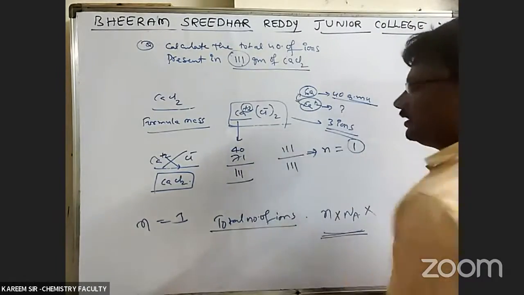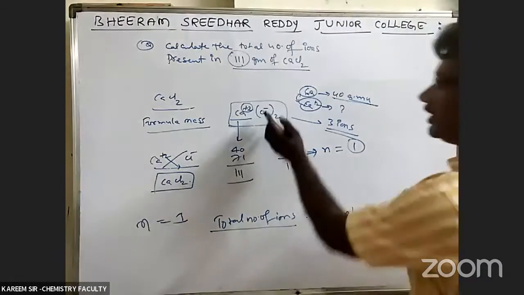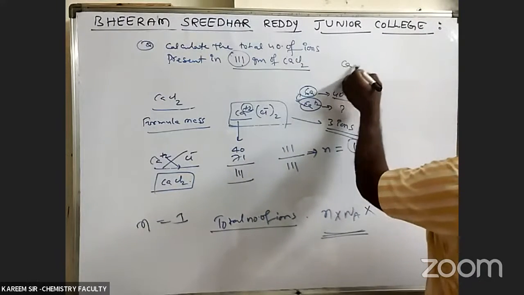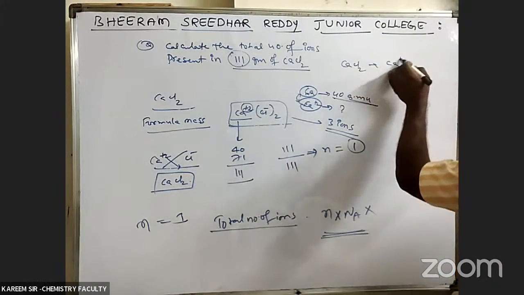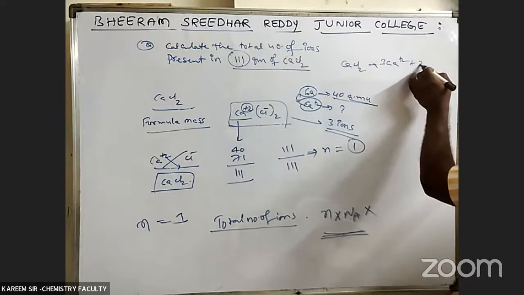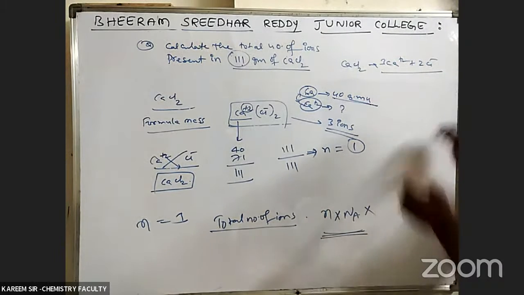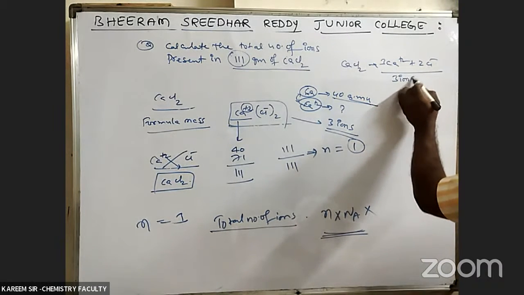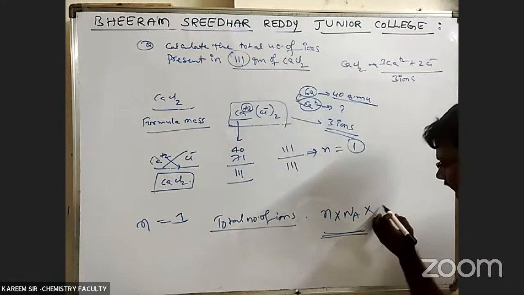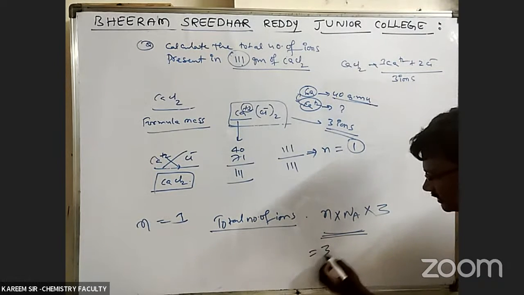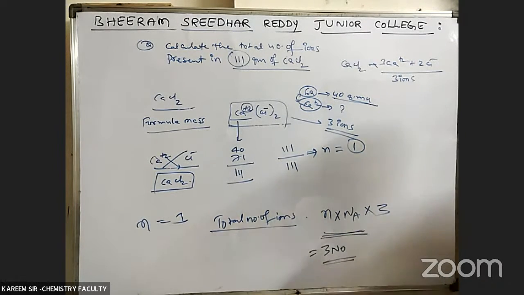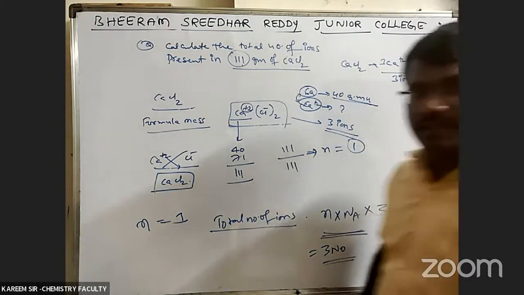One formula contains 3 ions. Why? Because CaCl2 contains 1 Ca plus 2 ion and 2 Cl minus ions. So total 3 ions are there. That's why multiply with 3 here. So the answer is 3 N0 or 3 NA.